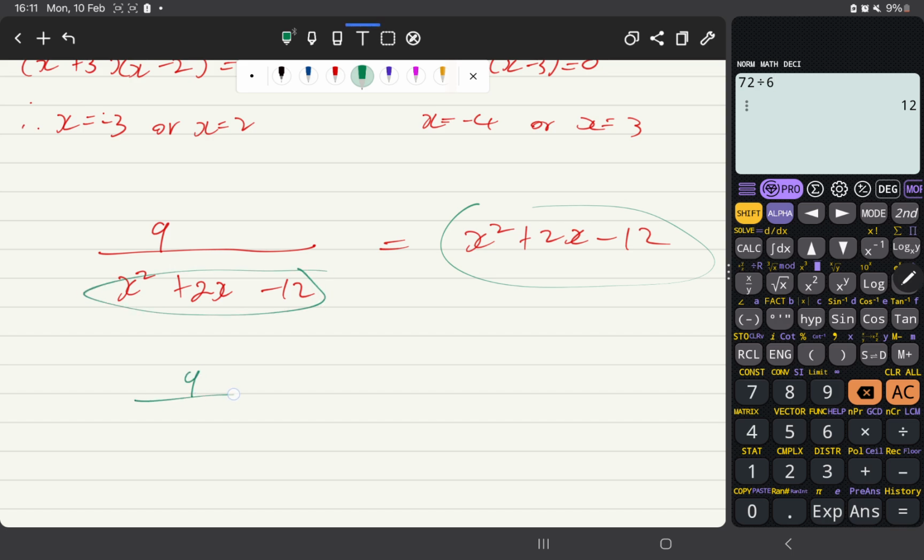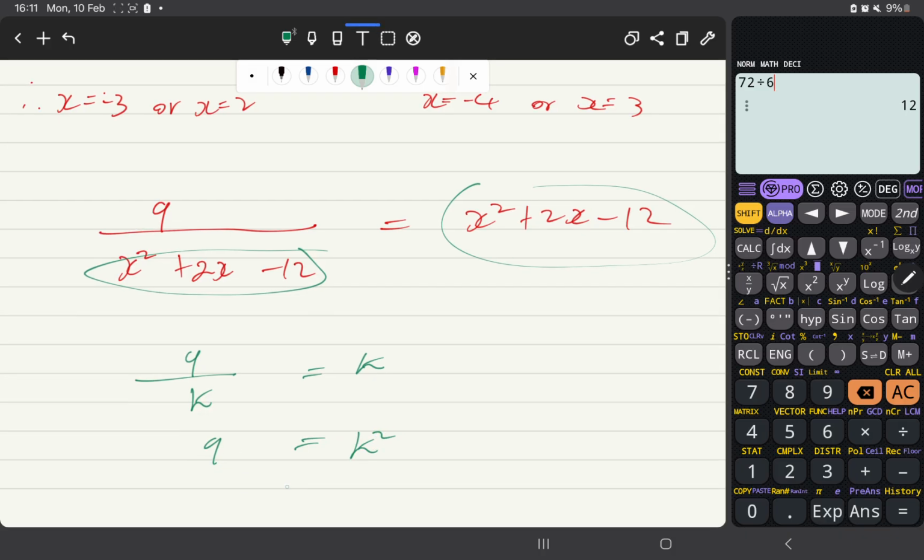So you will do your let, and then you have k equal to k, multiply the whole thing by k, you get 9 is equal to k squared, and then from here it's k squared minus 9 equals 0, which is just a difference of two squares. Yeah, just a quick one. And then from there on you solve your problems and you're done. So maybe just try to do that one.